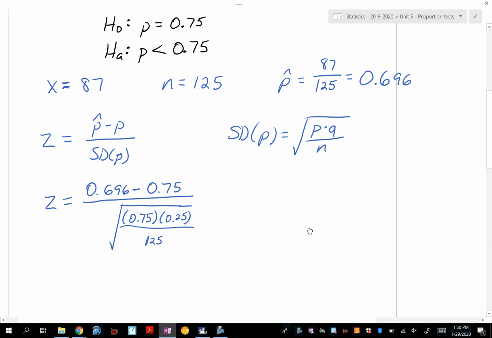So if we're saying that the proportion of members that would say yes, I'll strike is 75%, the proportion of members who would say no, I will not strike is 25%.